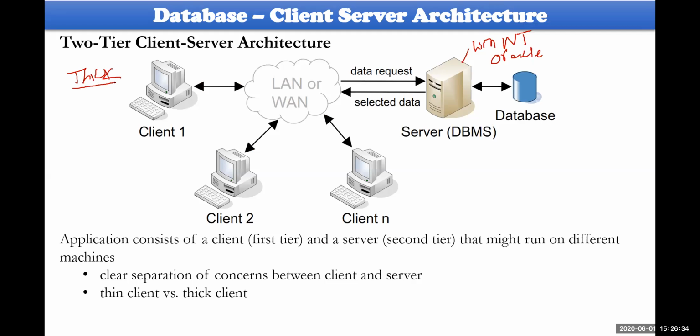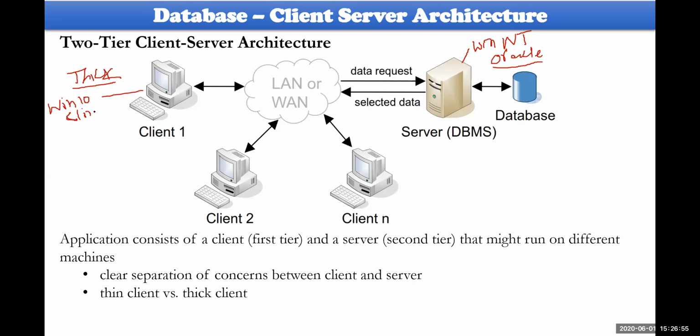If it is a thick client, some operating system could be there, let us say Windows 10 or Windows XP or Windows 95, 98. And whatever application you have loaded on the database server, that client application could also be loaded here.